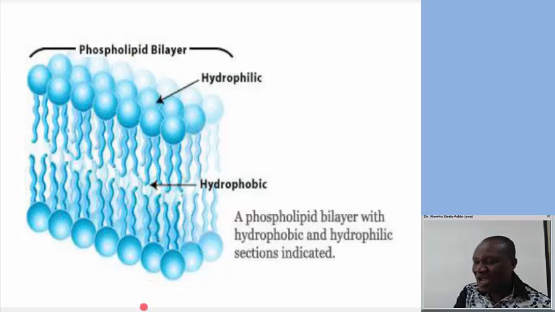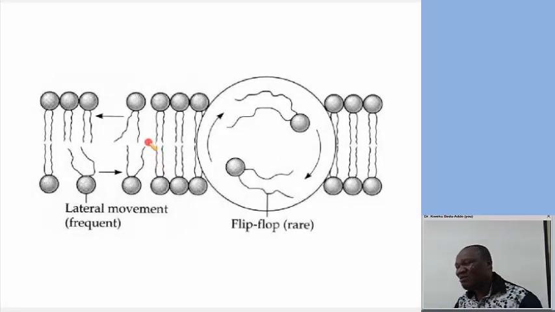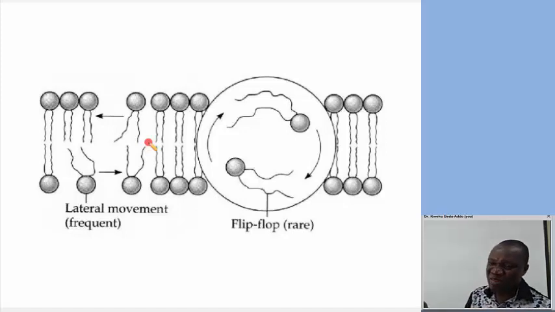This lipid bilayer is, as I mentioned, fluid in nature. It's not a rigid structure. So the layer is held together by non-covalent bonds between the hydrophobic tails. Now, because it's a fluid, there are lateral movements in the lipid bilayer.